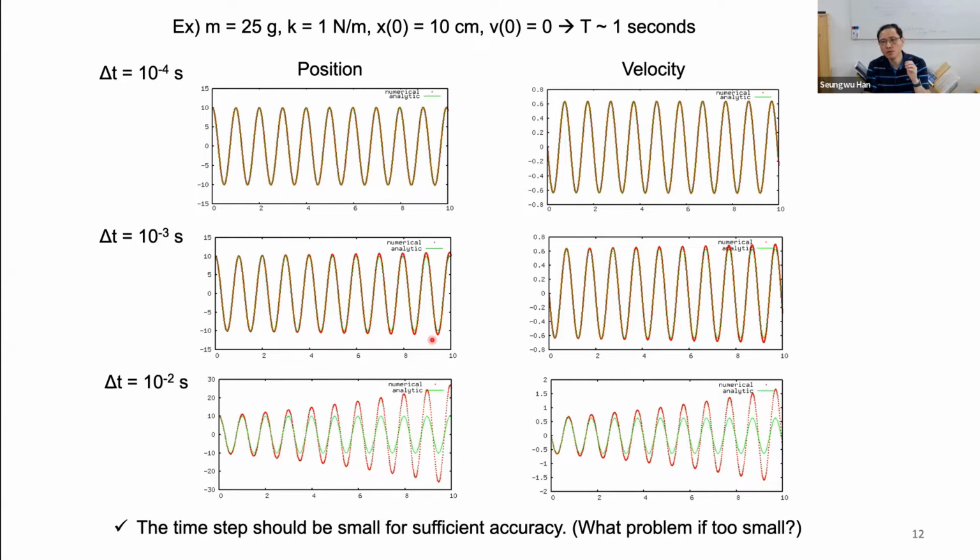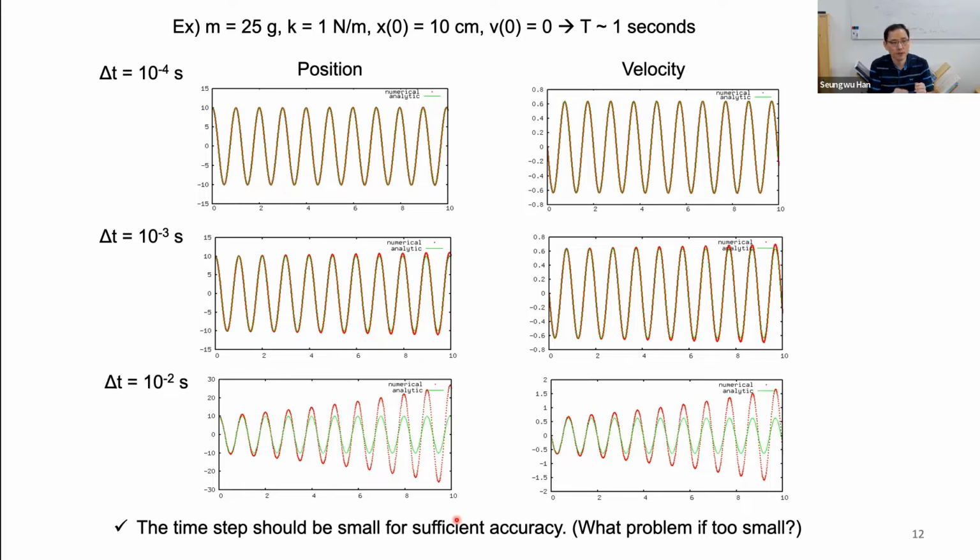However, you should not use an indefinitely small time step, because if the time step is too small, then in order to proceed through a given amount of time, we have to do much more computation.